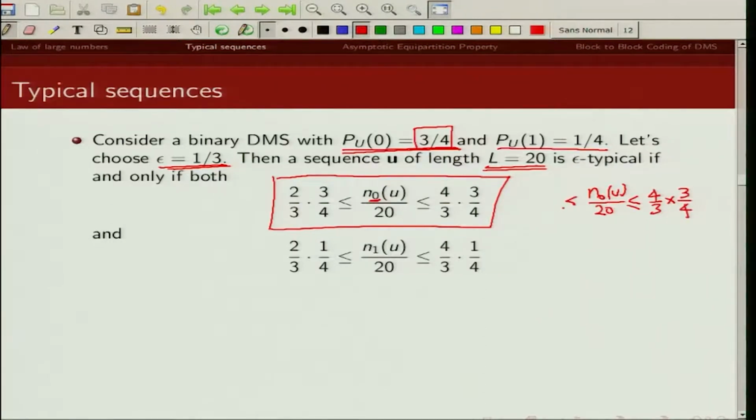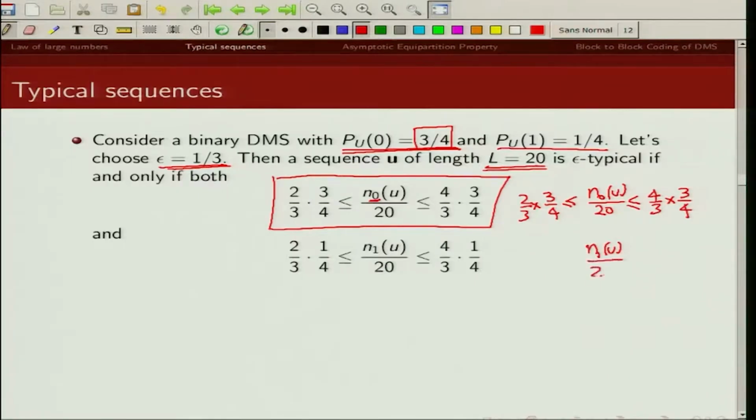And this is lower bounded by 1 minus epsilon. So 1 minus 1 by 3 will be 2 by 3 into probability of occurrence of 0, which is 3 by 4. Okay. Similarly, we can write the relationship for number of occurrence of 1, which I am denoting by N1U.